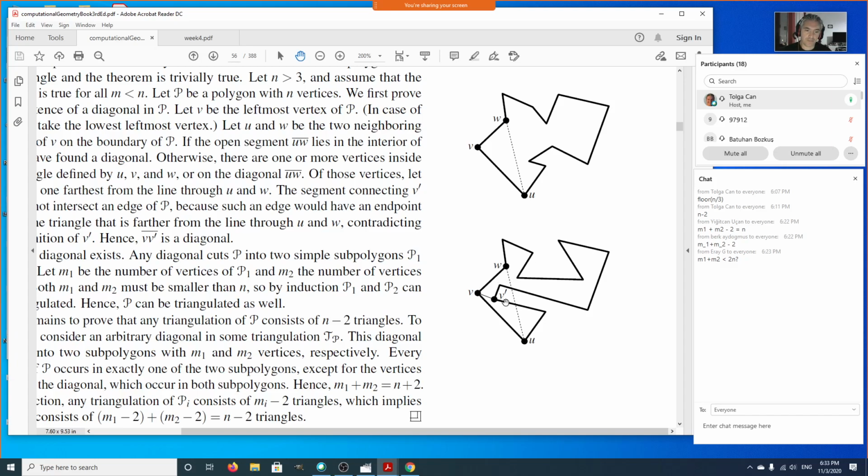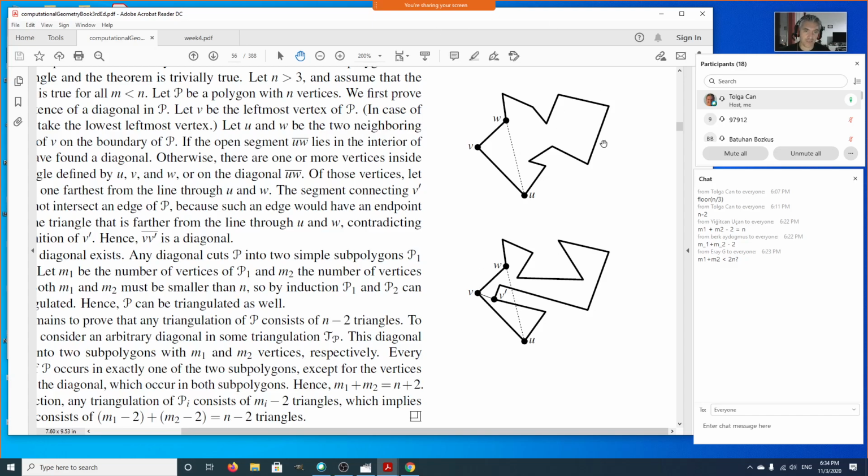But this algorithm is not so efficient. It gives us an n-square technique, because finding the leftmost vertex and then finding whether there's any vertex to the left of this edge, diagonal or line segment connecting U and W, takes linear time. We can find this V prime in linear time. But since we have to draw this diagonal n-3 times, n-3 times n gives us a quadratic running time algorithm.